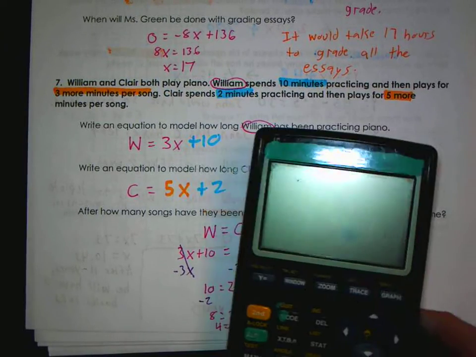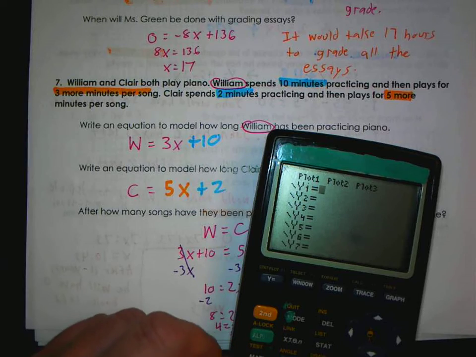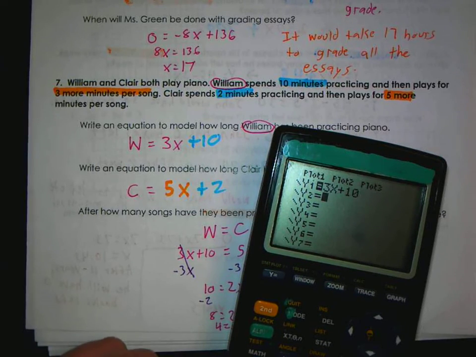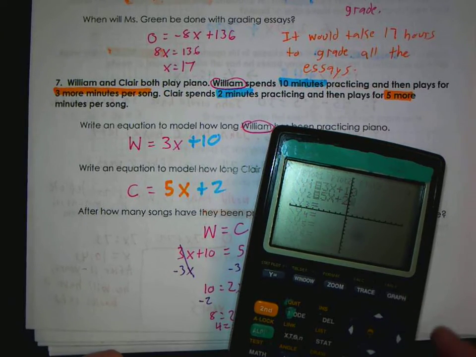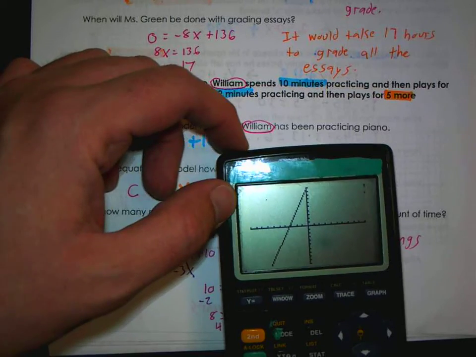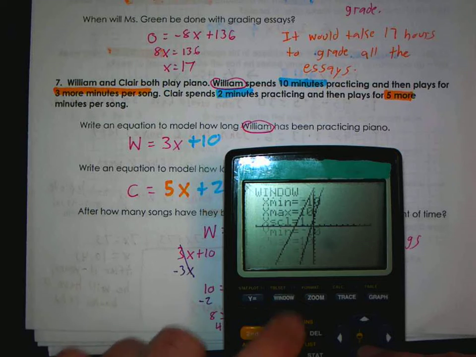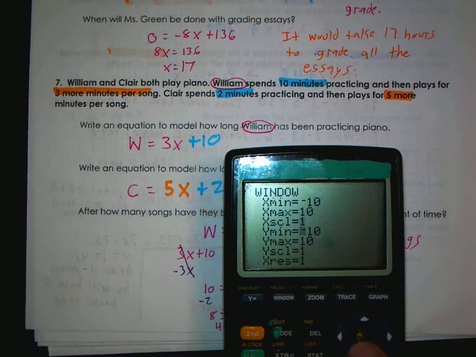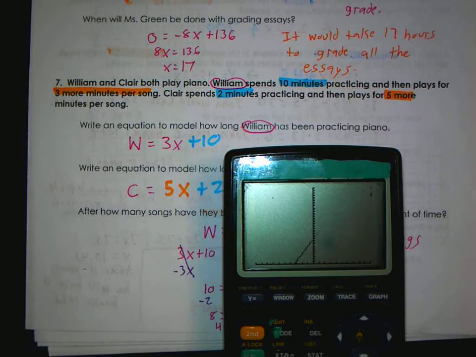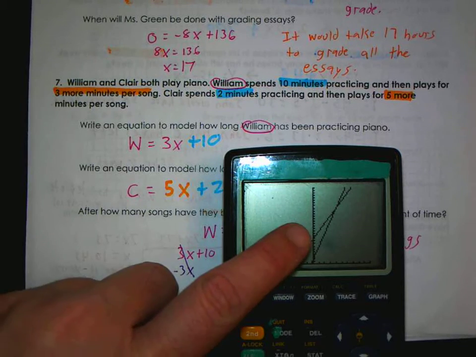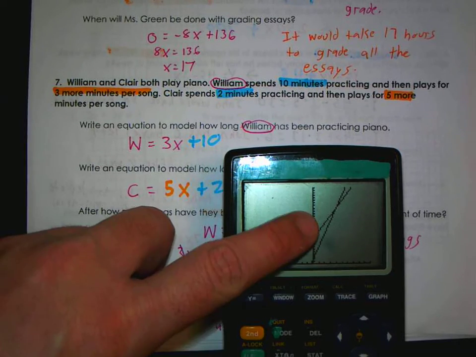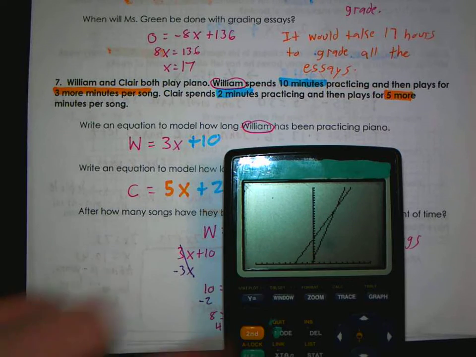Looking at 3x plus 10, 5x plus 2. Zoom out a little bit. See how they eventually cross? Up here on top, we have William, and down here we have Claire.